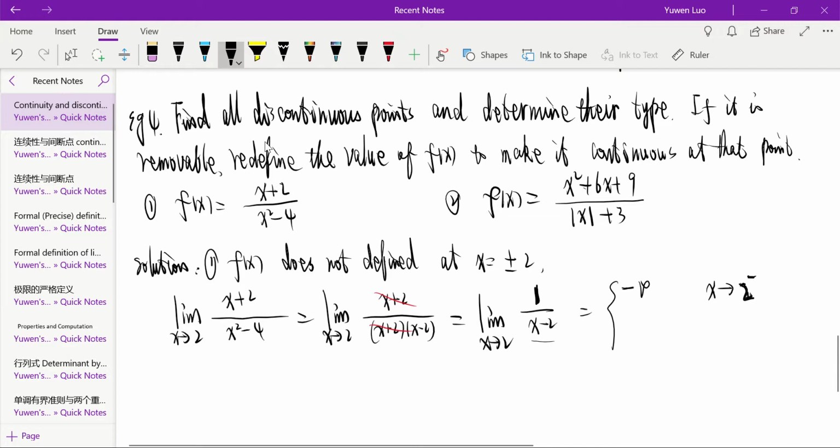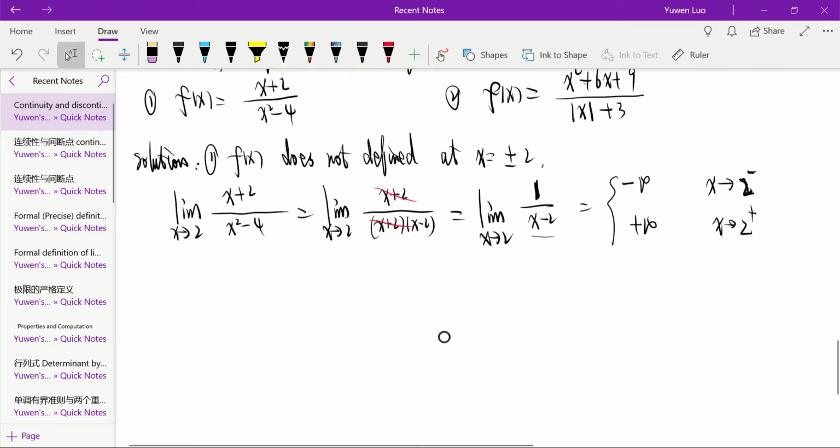And when x approaches 2 from the right, it is positive infinity. So x equals 2 is an infinite discontinuous point.